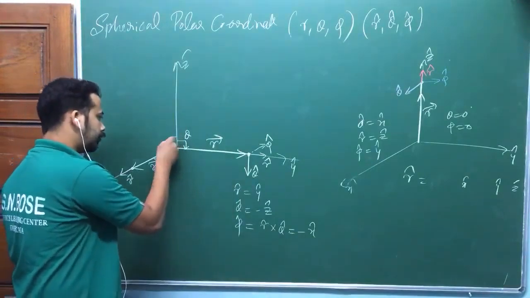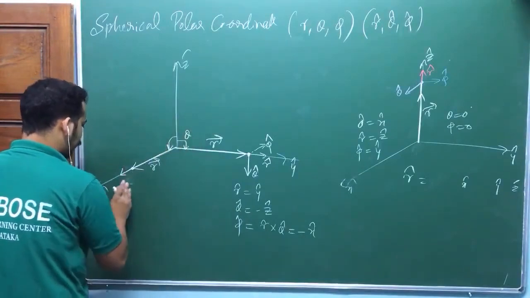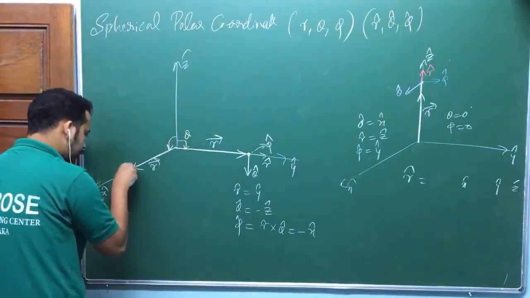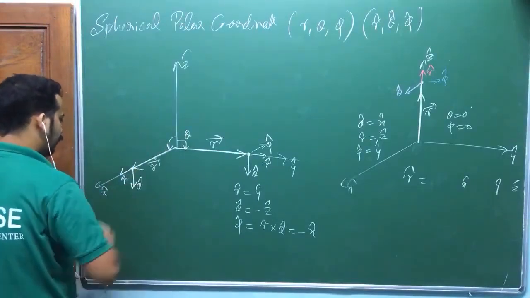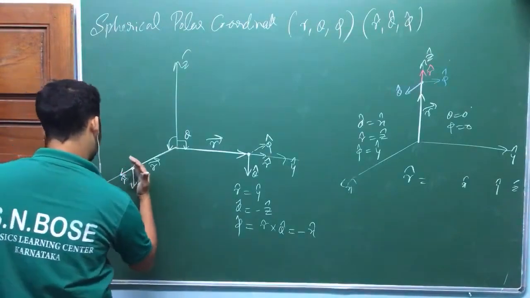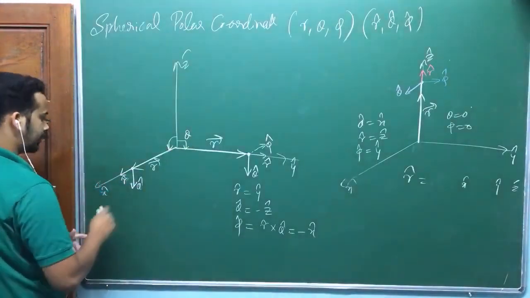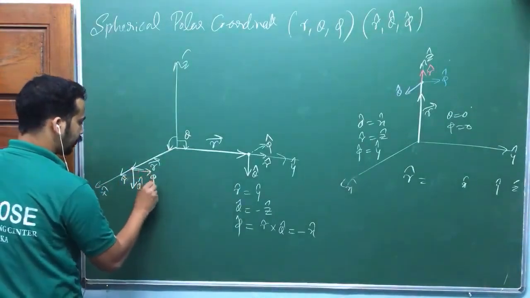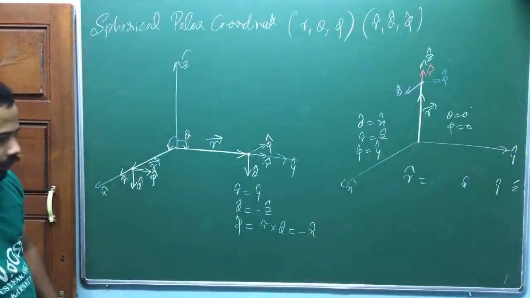Here you measure theta like this, am I right? Like that, your theta cap is like this. If this is r cap, so this is theta cap. Again, that is the minus z cap direction, okay? Then r cap cross theta cap, am I right? Y cap direction. This is the phi cap direction. Is that okay?